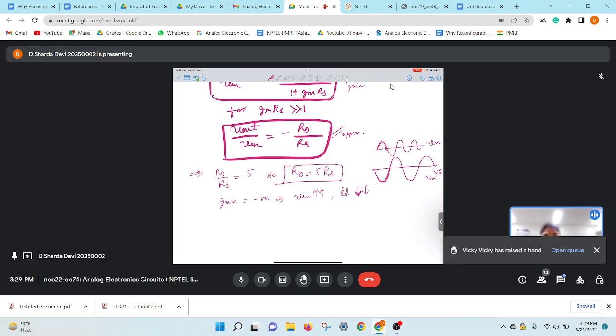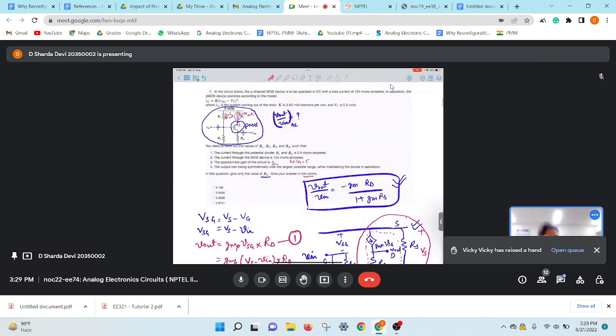The similar thing happens with current also. That is because our output here in this case is actually 5 minus ID RD minus VDS. In this particular circuit, V out is actually ID into RS, or it can be written as 5 minus ID RS minus VDS.